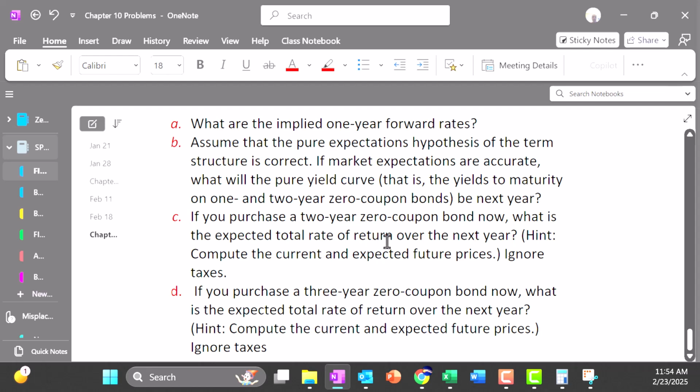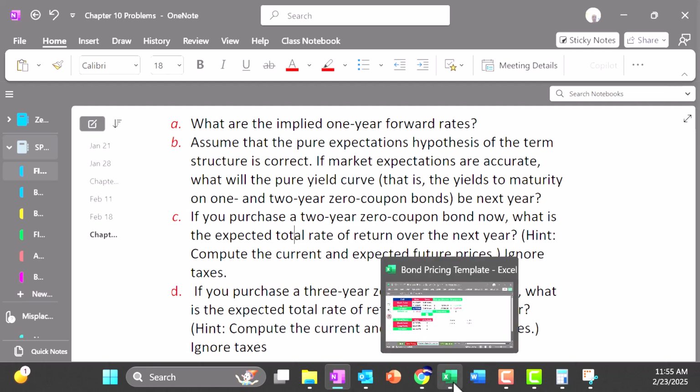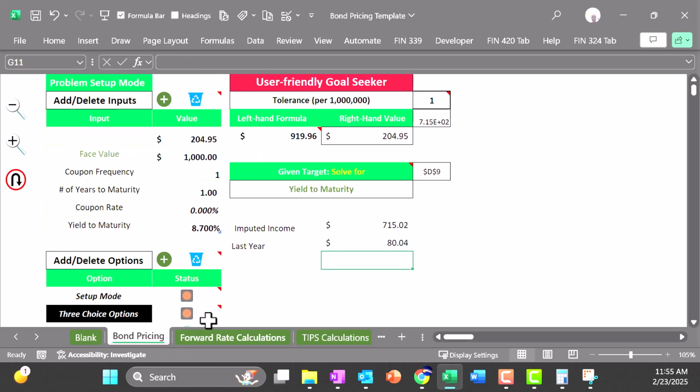If you purchase a 2 year zero coupon bond now, what is the expected total rate of return over the next year? Okay. Now, that means I'm going to calculate the price of the bond now. It pays no coupons. And I'm going to calculate the expected price of the bond 1 year from now. First, let's go to our bond pricing.